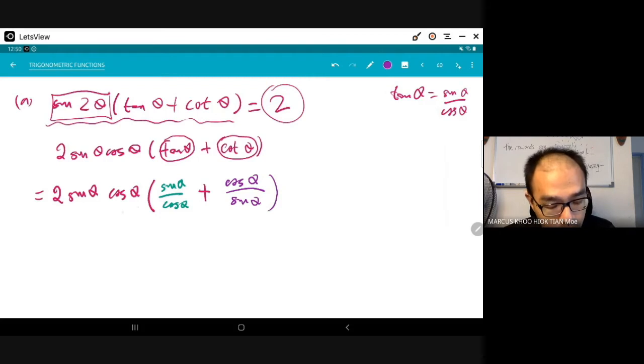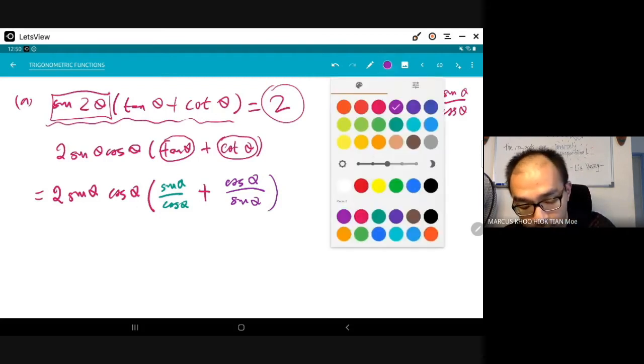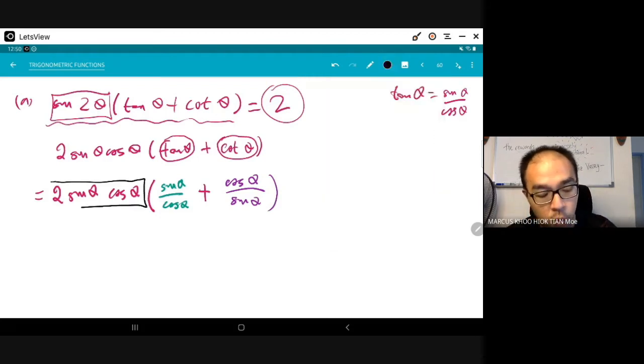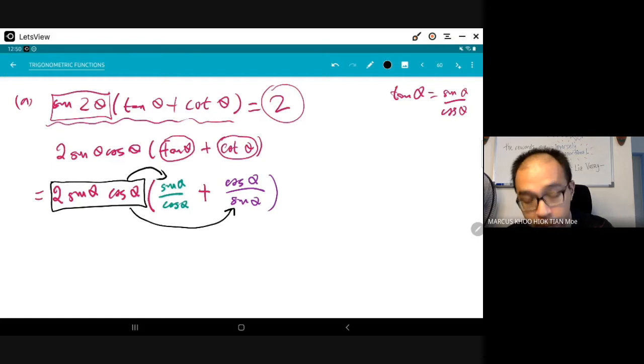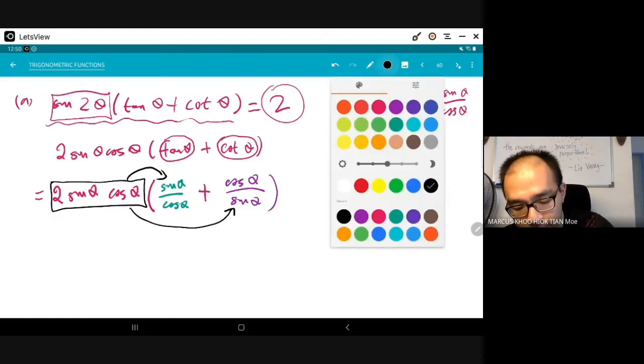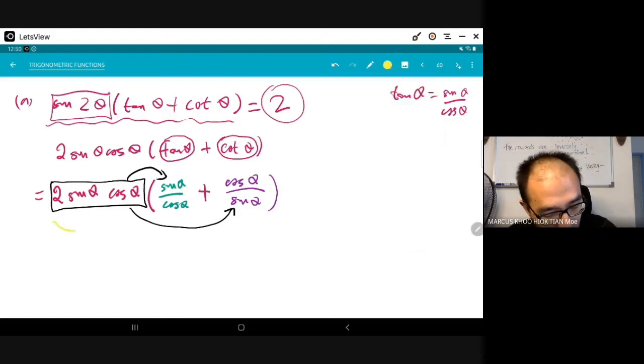Now since this whole thing is one entity, we can actually multiply this and this and this and this. 2 sine theta cos theta times sine theta over cos theta. So let's consider the yellow. This one multiplied with this one.